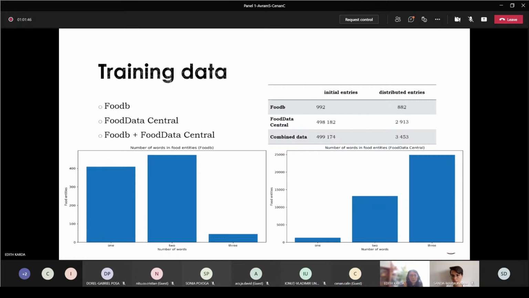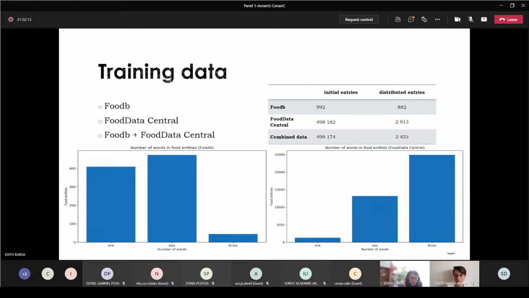For this, I used two training data sets, one from FoodDB and the other one from Food Data Central, and I also tried to combine the two. In the table on the right, we can see the count of the initial entries and the final entries I used, because as we can see here below, the entries weren't always distributed evenly.